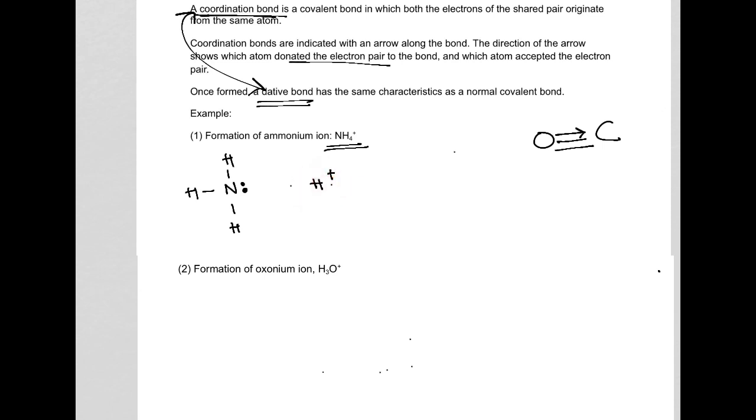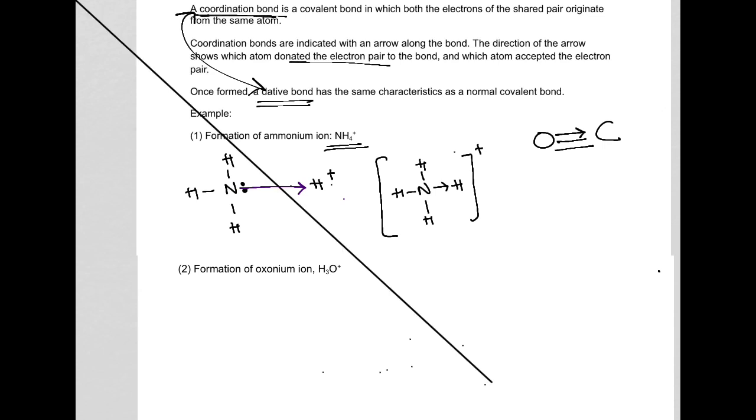Therefore, the nitrogen can bond with the hydrogen, whereby the nitrogen is giving both electrons to the hydrogen. So you end up with NH4+ that looks like this. That can be represented like this. This is the coordination bond here, which shows that nitrogen is providing both electrons in that special covalent bond.